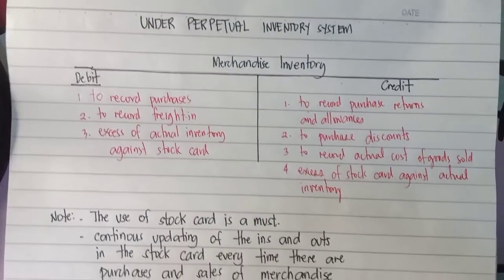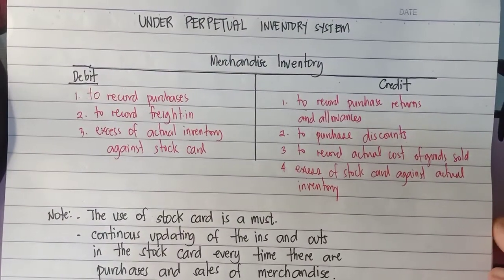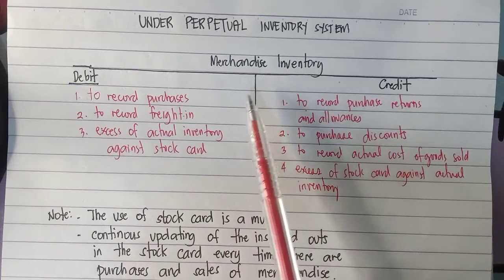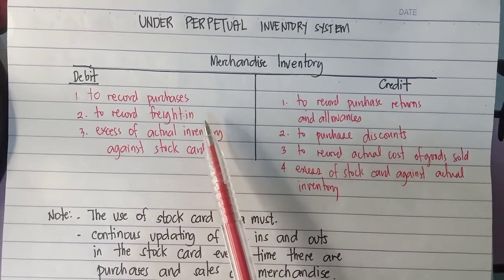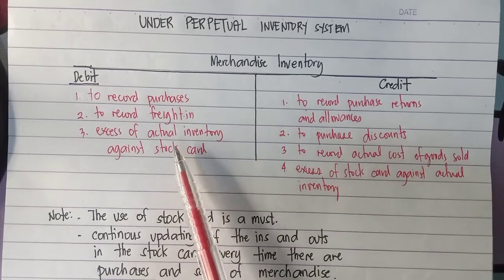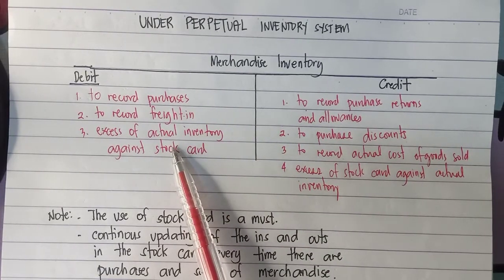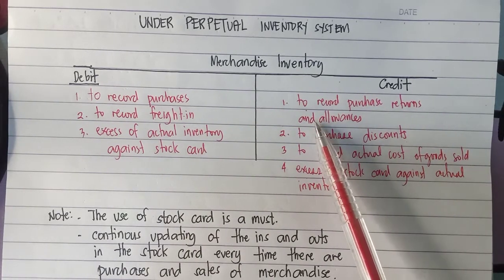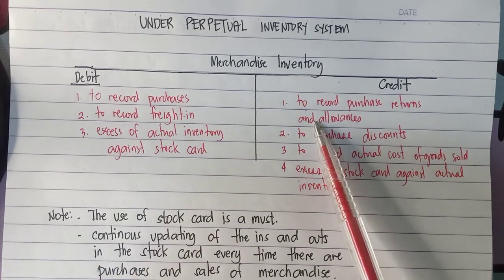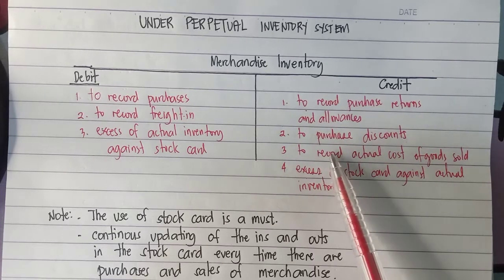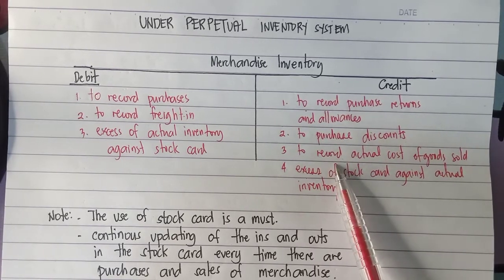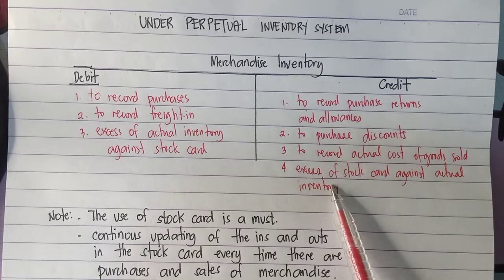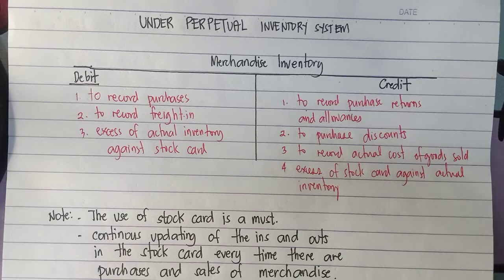Okay, so always remember this. Under the perpetual system, we have to debit merchandise inventory if it is to record purchases, to record freight in, and there is an excess of actual inventory against the stock card. And on the credit side, if we have to record purchase returns and allowances, purchase discounts, actual cost of goods sold, and excess of stock card against actual inventory.